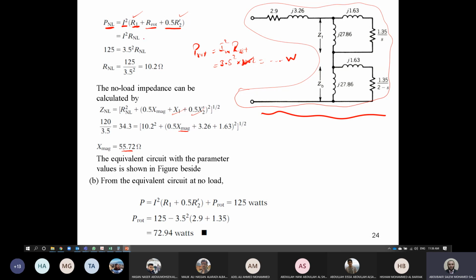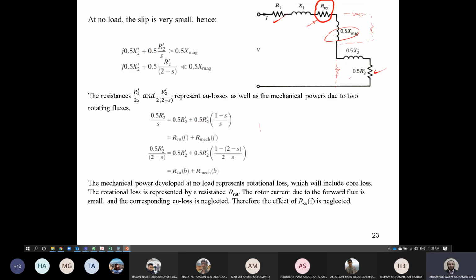In order to get R rotational, we need to use this relation. Sorry, you are right, Hisham. This is not the R no load. R rotational should be 10.2 minus the other values we have. We have R2 prime and R1.